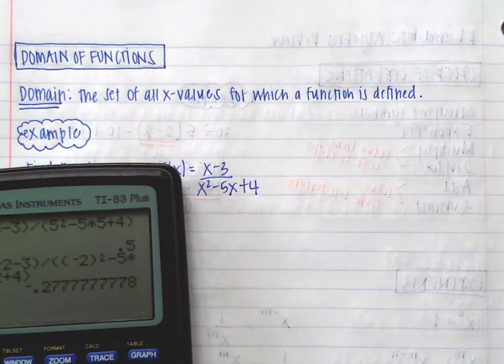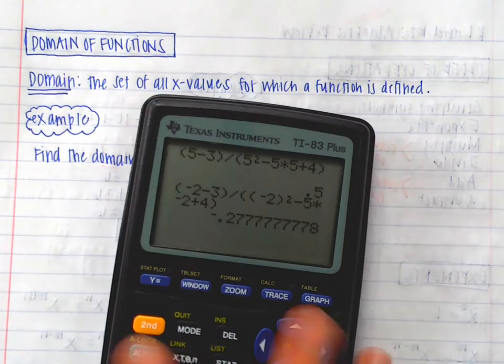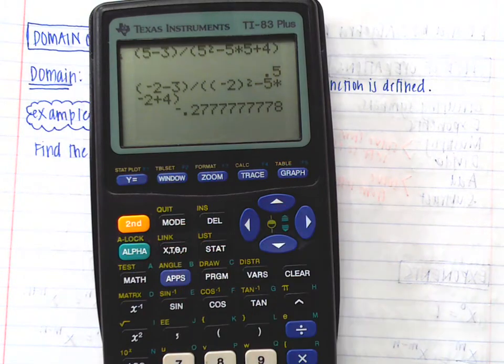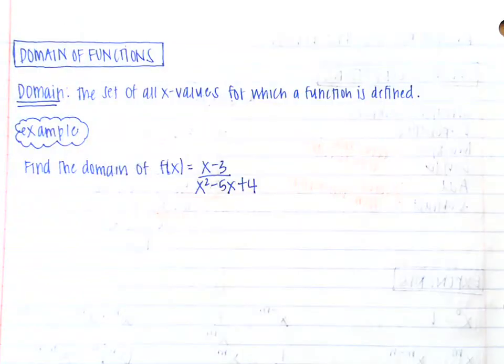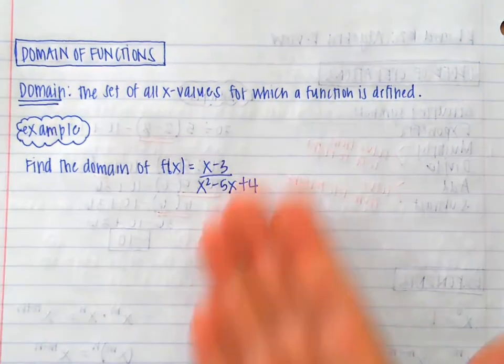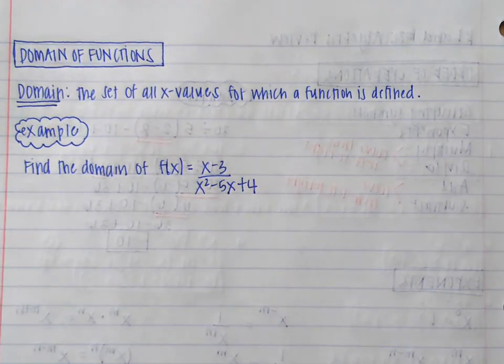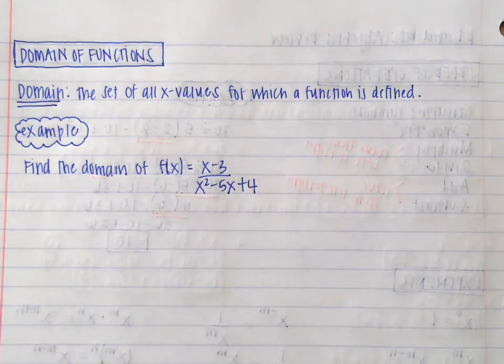I get a number. You guys can barely see that on the calculator. So what I'm trying to say is, I plug in things, positives, negatives. What makes a fraction not work? The answer to that is when the denominator is 0. 5 divided by 0 is undefined. 7 divided by 0 is undefined. Whenever the denominator of a fraction is 0, it's undefined.